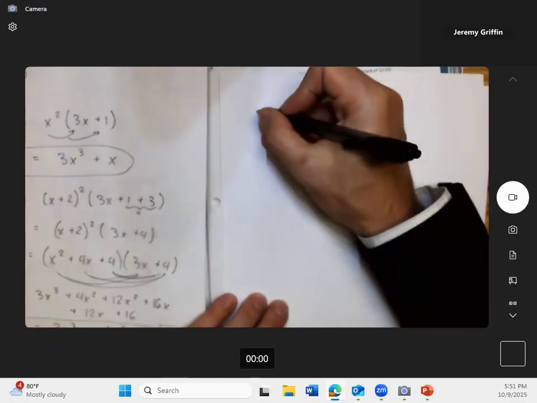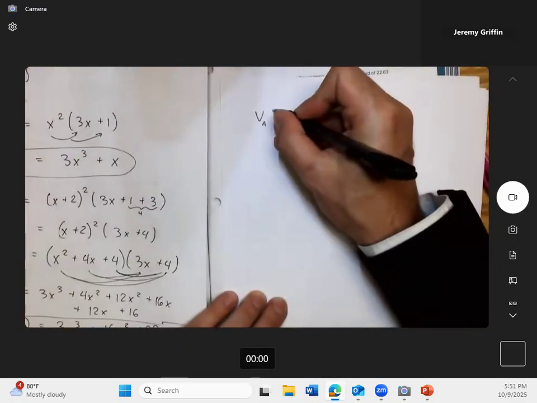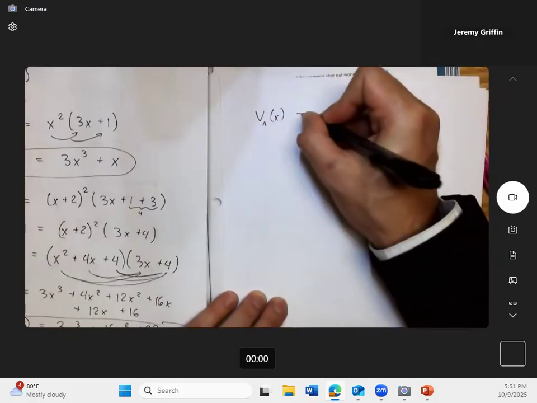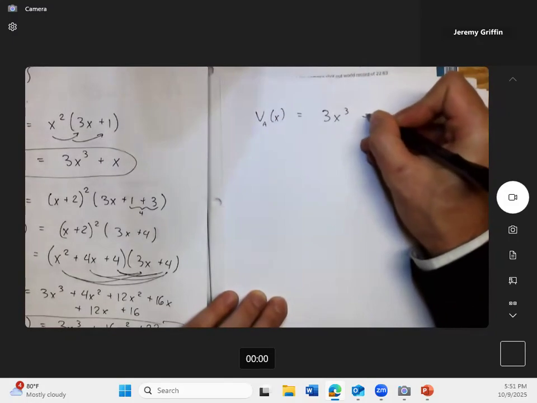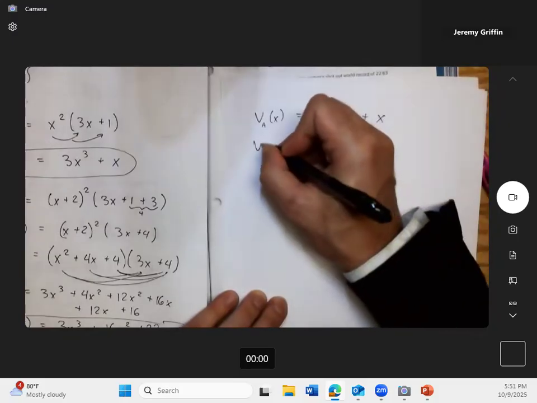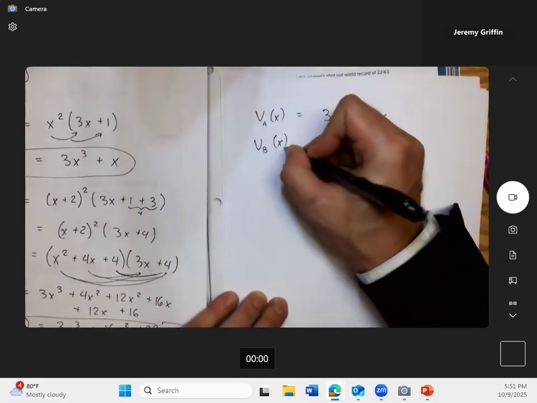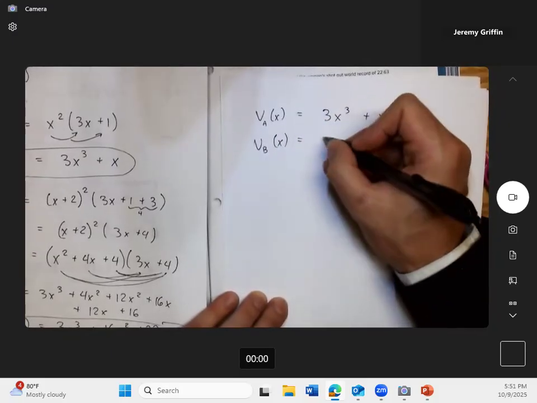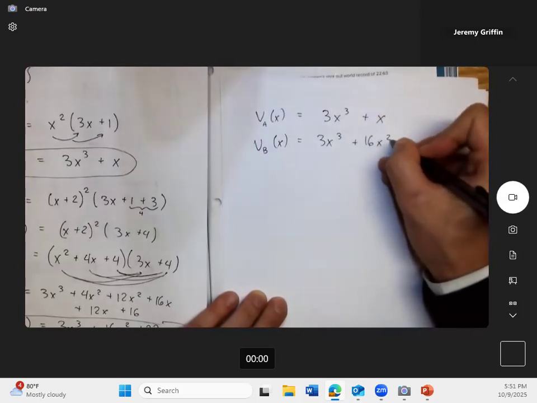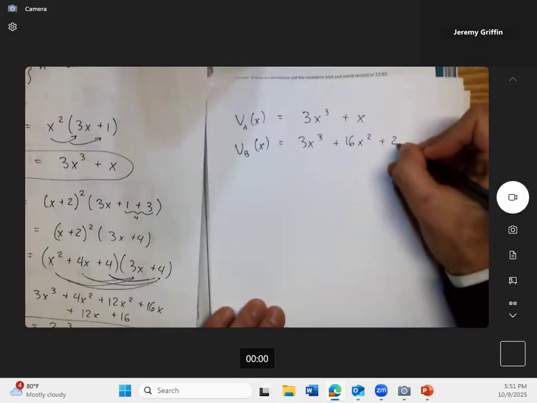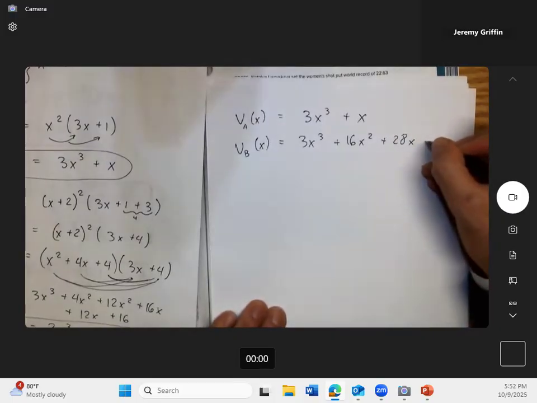So the volume of the original box A is a function of x. It's very simply 3x cubed plus x. Volume B as a function of x is 3x cubed plus 16x squared plus 28x plus 16.